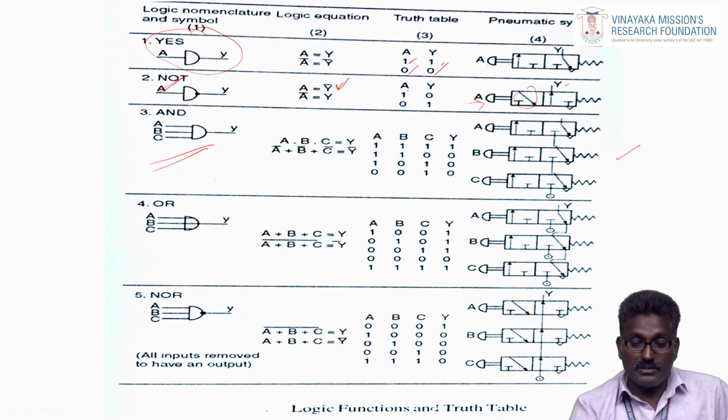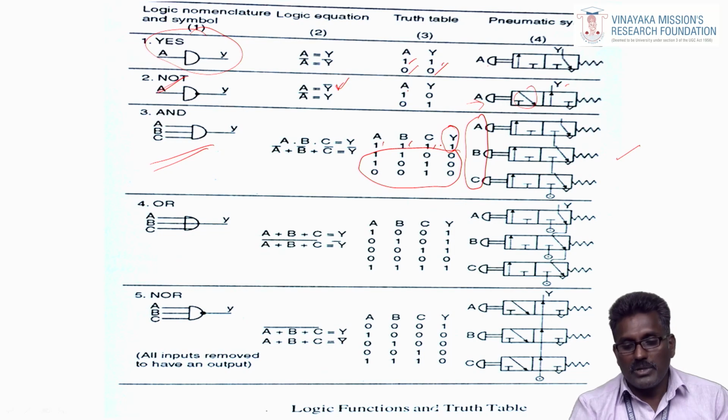It is not transferred to A, so you press B, and then it transfers to A, but there is no output from A. Then you press A, and only then is there output. So when all three inputs A, B, C are on, only then is there output.